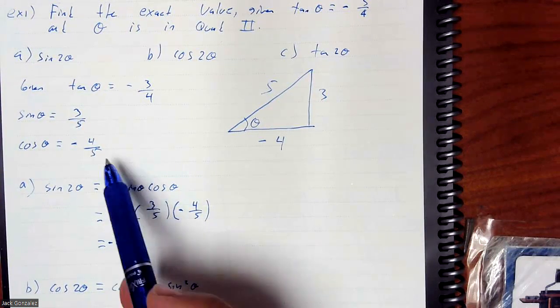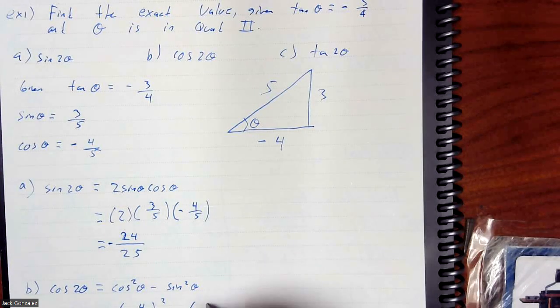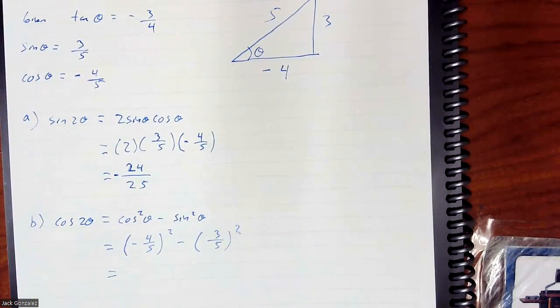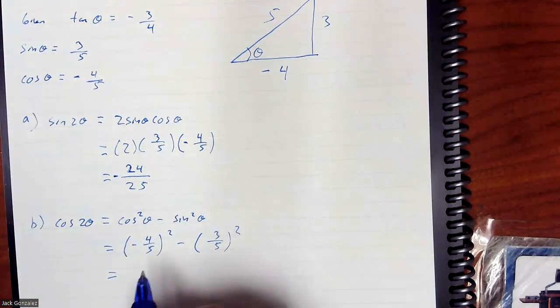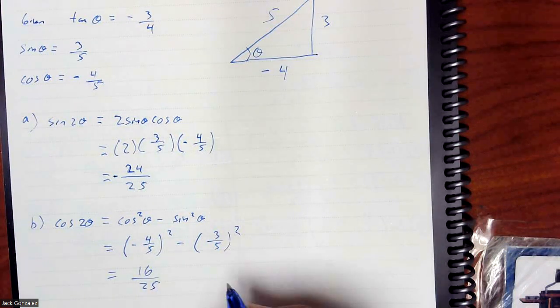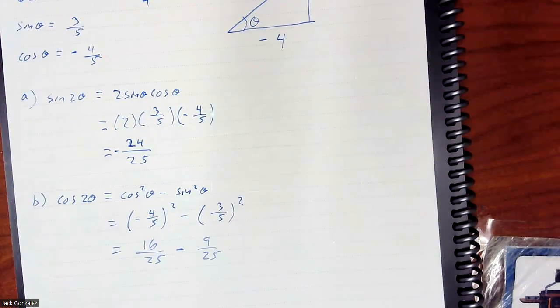Cosine squared, we'll just plug in this guy and square it. Negative 4/5 squared minus 3/5 squared. Square that stuff. What do we got here? There's 16 minus 9.